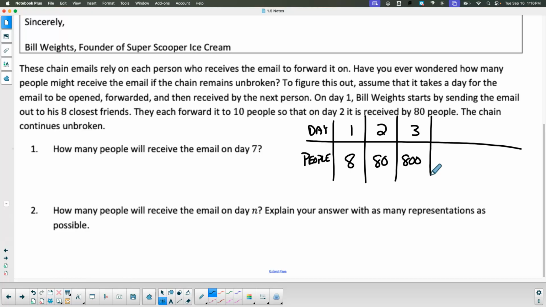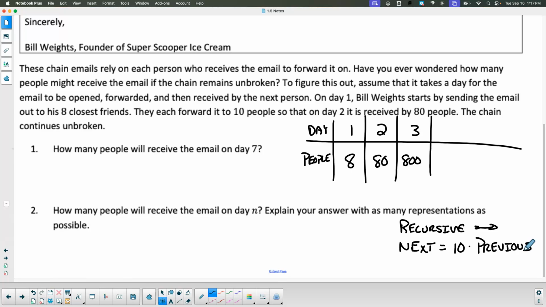Do we all agree that we're multiplying by 10? Yep, okay, all right. So my recursive formula is 10 times the previous, yes?